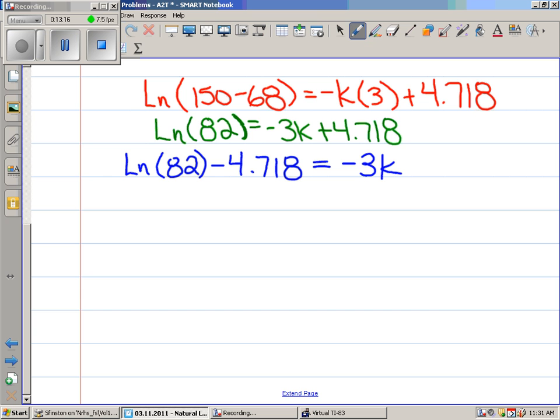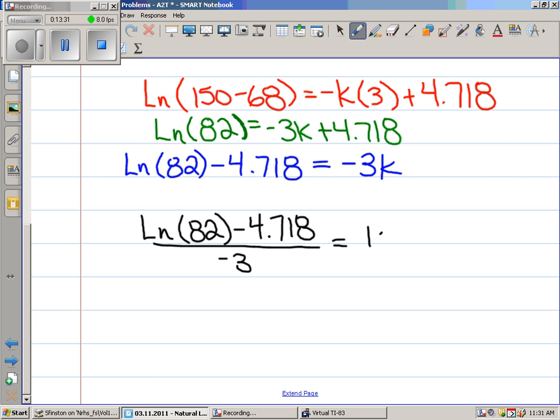How can we get K by itself? Divide by negative 3, so that finally the ln of 82 minus 4.718 divided by negative 3 equals K. You actually didn't have to do anything. You just had to plug in some numbers and rearrange an equation.